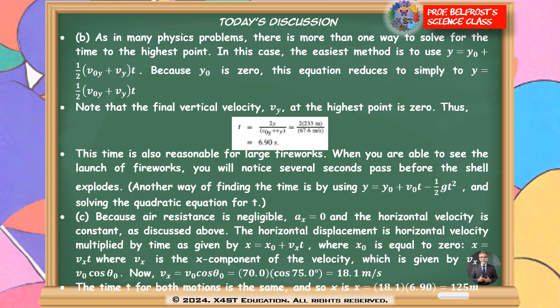And x can be found by simply substituting into the formula, which is Vx t. Vx is 18.1 meters per second, and t is the previous t that we found in point B, which is 6.90. And it gives us about 125 meters in three significant figures.